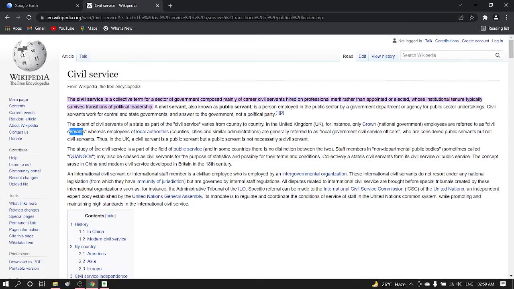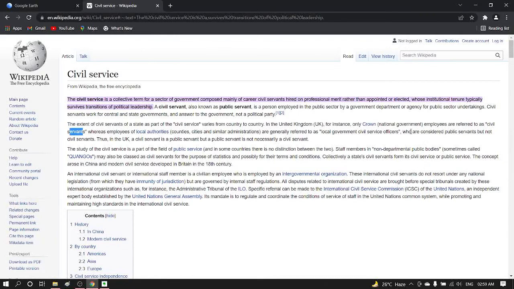So the officers who are employed under the local authorities are not referred to as civil servants, but as local government civil service officers. They are not called civil servants. Only those who are employed by the Queen, the Crown, are referred to as civil servants.